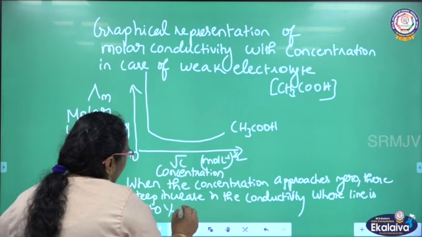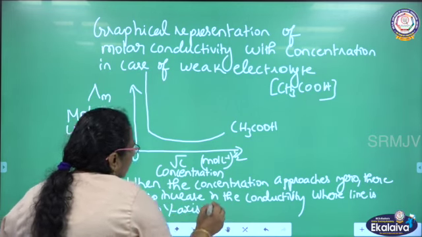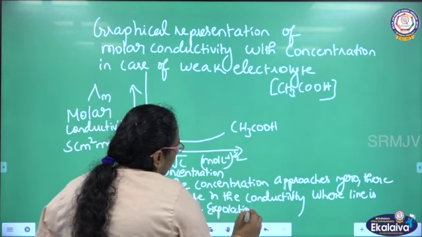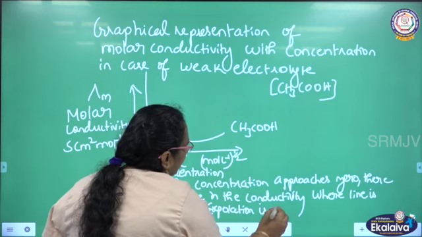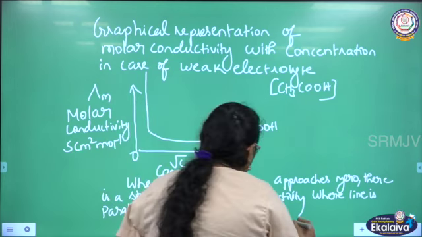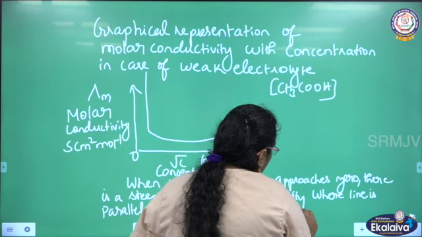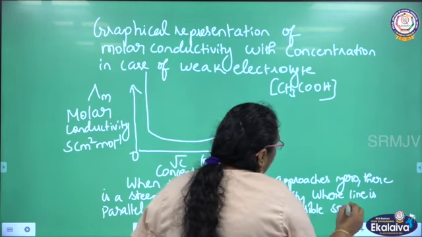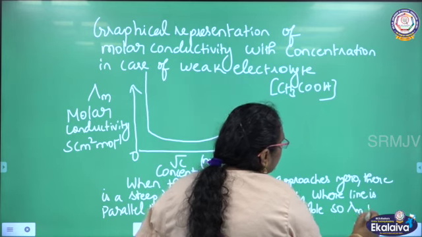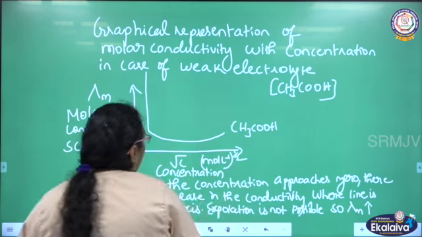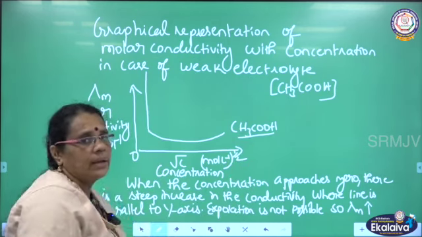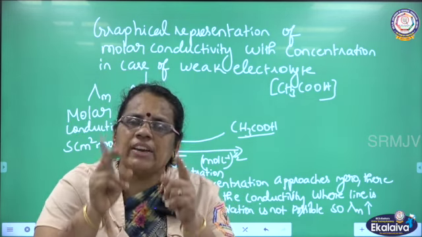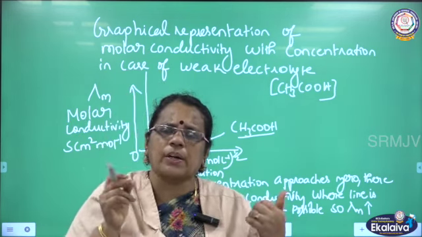So extrapolation of the line is not possible. In case of a weak electrolyte like acetic acid, where dissociation is incomplete, on increased dilution even the undissociated particles start to dissociate.